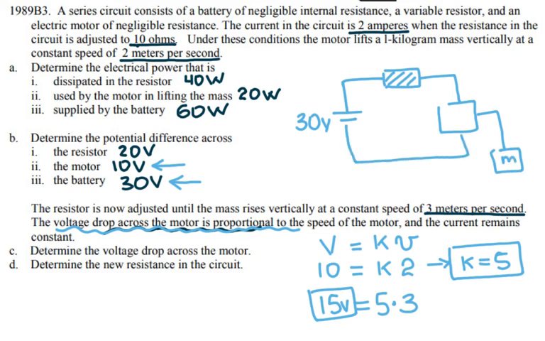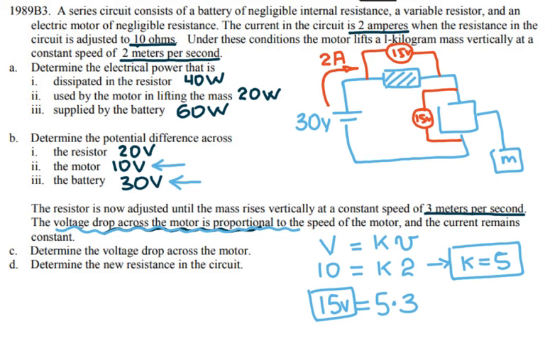But now the voltage dropped on the motor is 15 volts. That means the voltage drop on the resistor is also 15 volts. The current is still the same because they didn't say that the current changed, so the motor has to be operating at 2 amps.